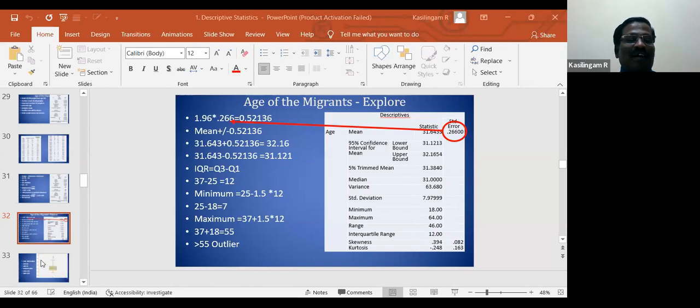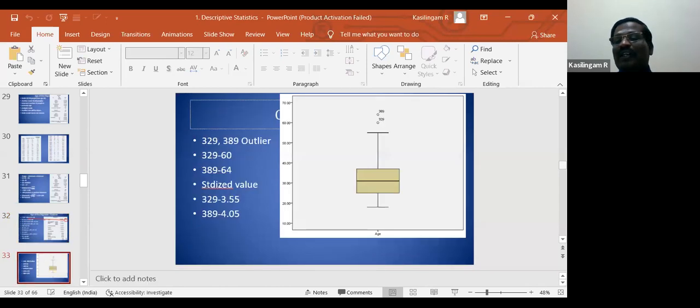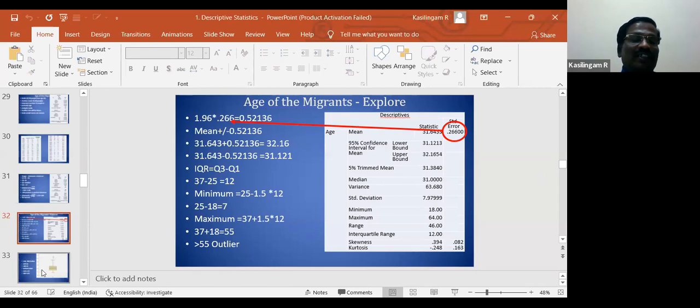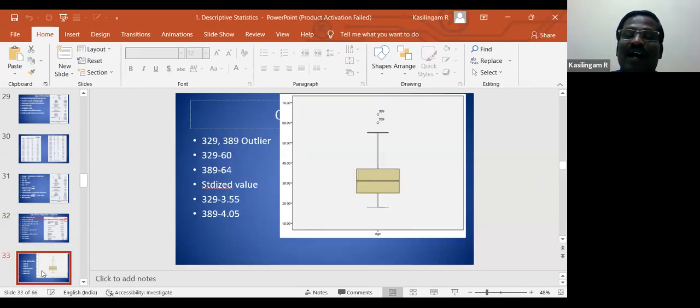That is why in the box plot, it is showing maximum is 55. Which means there are two cases, 329 and 389. Those two are outliers.